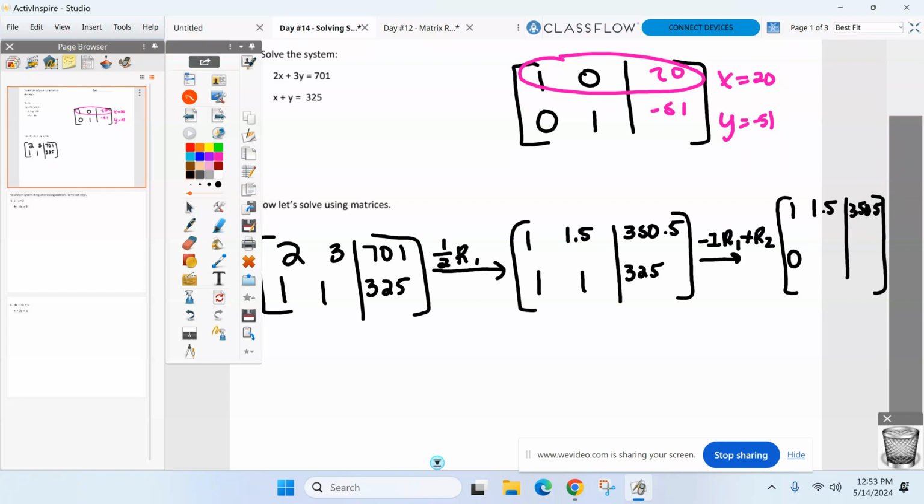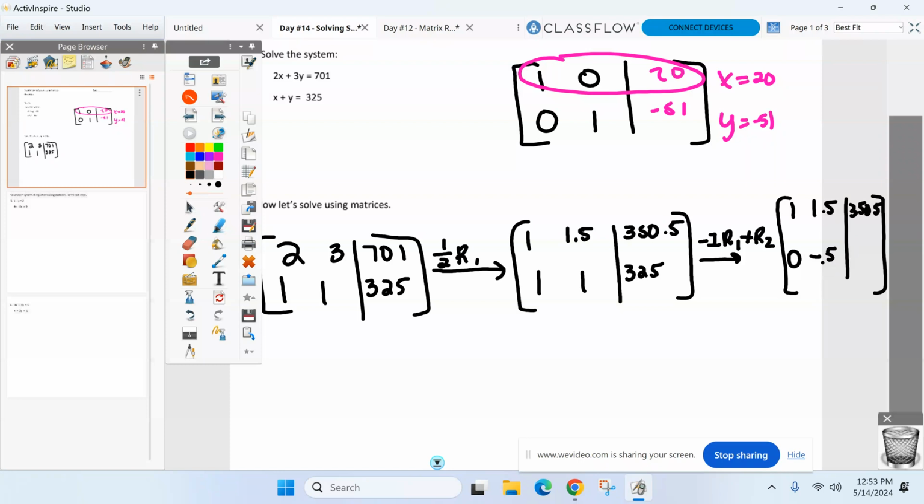What do you got here? -0.5, I believe. Everyone checking my work here? -1.5 plus 1 should be -0.5. Yeah, we're all right?